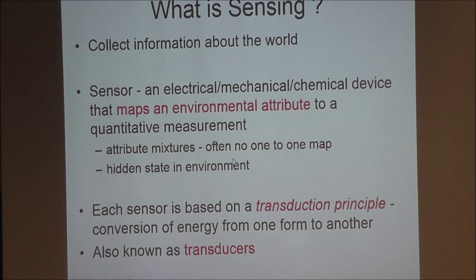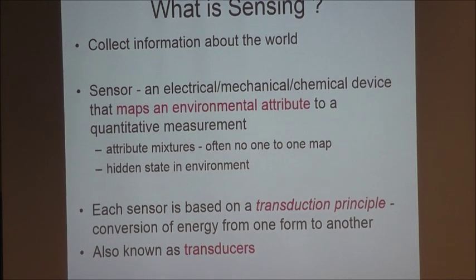Attribute measurements often have no one-to-one map, which means there is hidden state in the environment. So you have situations where, especially for a mobile robot, you are in an environment where you need to know where you are and where to navigate. Localization is something which we talked about last time.